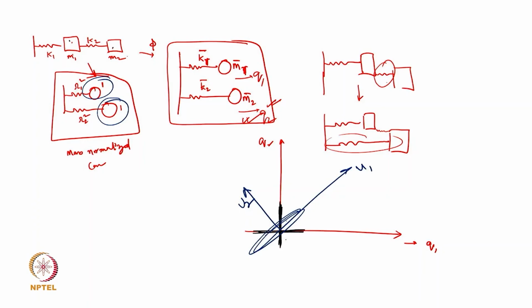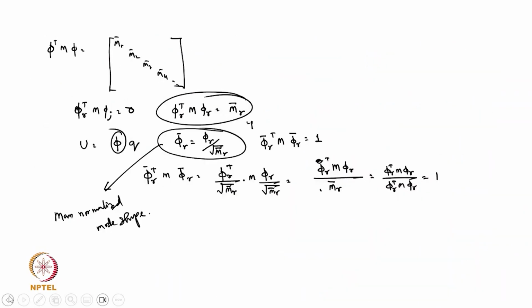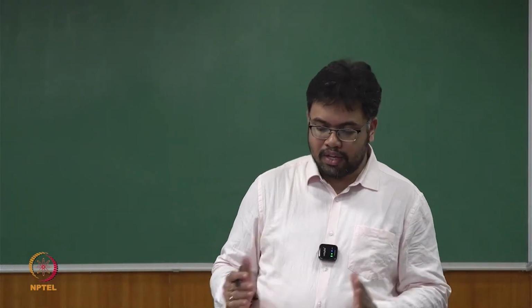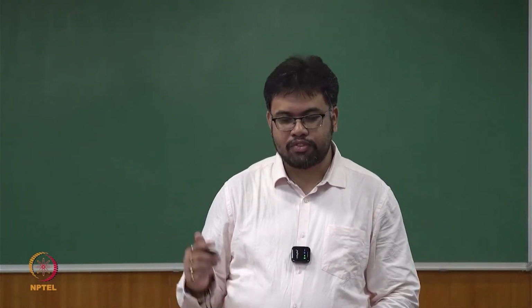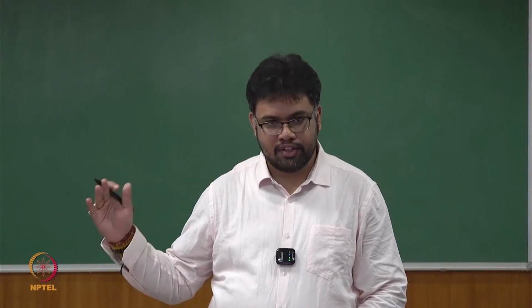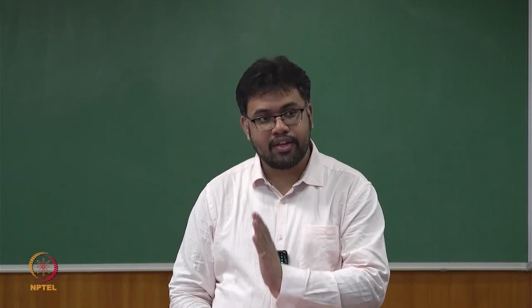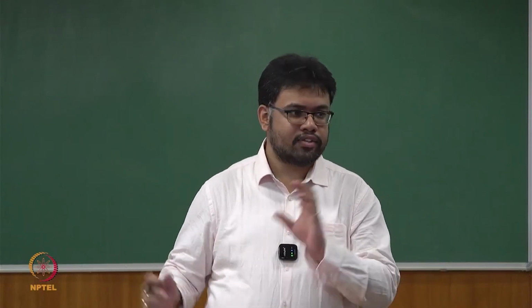We derived all the expressions, and we also derived the mass normalized mode shape. The orthogonality relationship tells that if we take two eigenvectors, they are orthogonal, and orthogonal means if we do phi r transpose k phi s, we should get 0, and if we do phi r transpose m phi r, we should get some value.